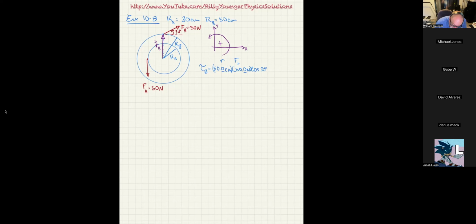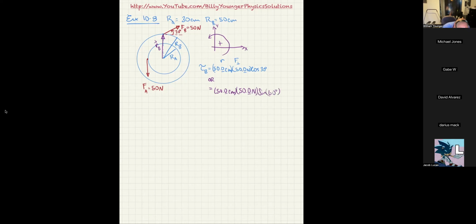So I'll say 50.0 centimeters. Notice I'm using centimeters here. That's not necessarily a good thing to do, but I can fix it in a second. Times the sine of 60 degrees.